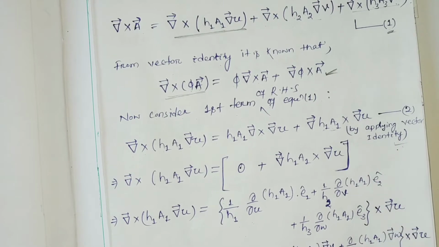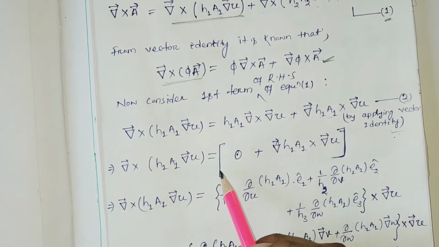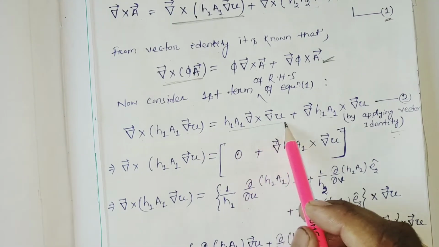Let this be equation number 2. So here you can see that this term will be 0. Why?